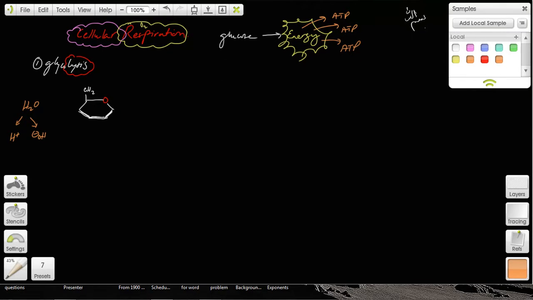So this is a hydroxyl group. One of the features of sugar molecules in general is that most of the carbon atoms in sugars are attached to at least one oxygen. In the same way, our glucose molecule here is going to have lots of hydroxyl groups attached to it, like this.